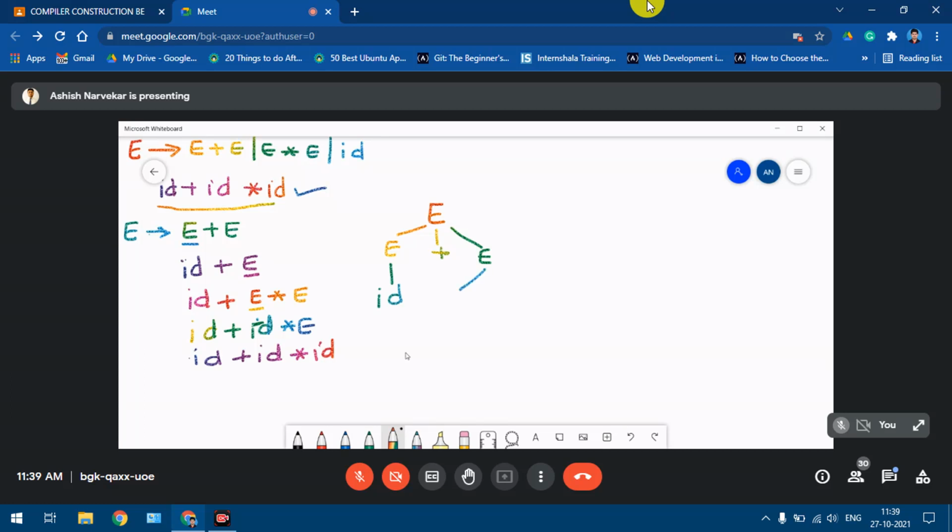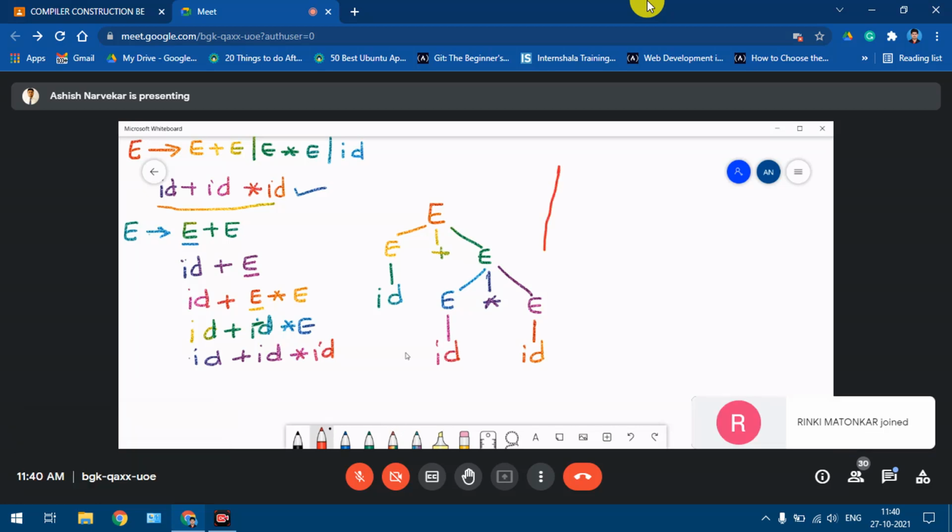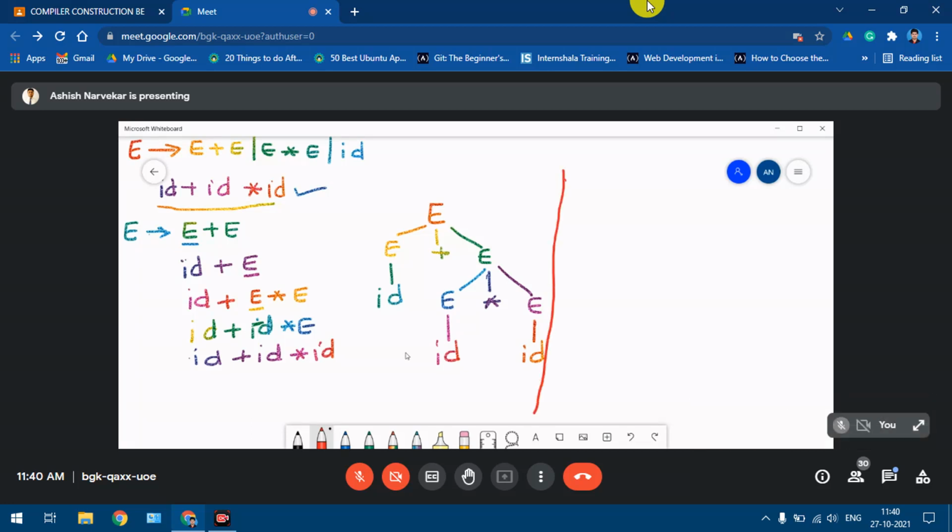After that we did this. Then this. And finally the last ID. Okay, then this is the leftmost derivation for this particular string.